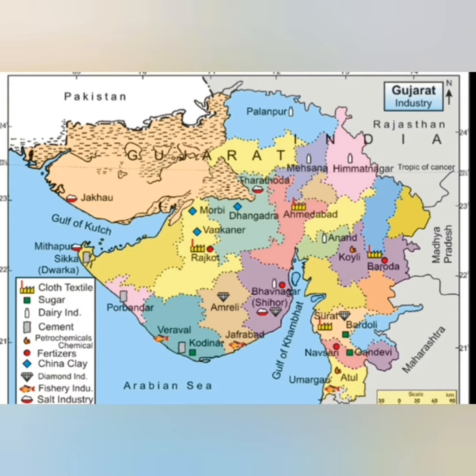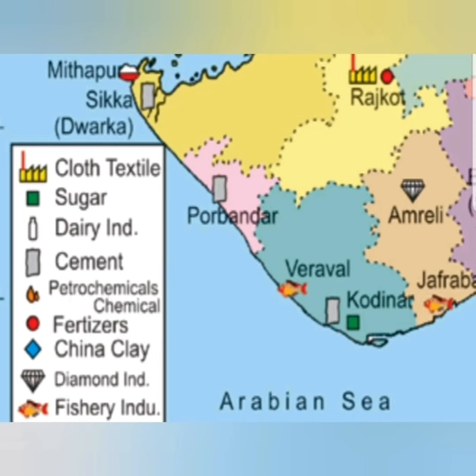Such maps are called industrial maps. Students, observe the conventional signs carefully. Now, let's try to find the cloth textile industry from the map. You will be able to find it at Ahmedabad, Baroda, Rajkot and Surat. That means the cloth industry is located in Ahmedabad, Surat, Baroda and Rajkot.